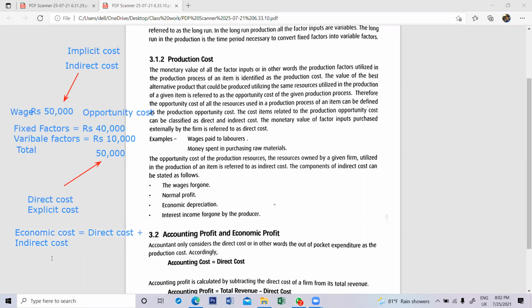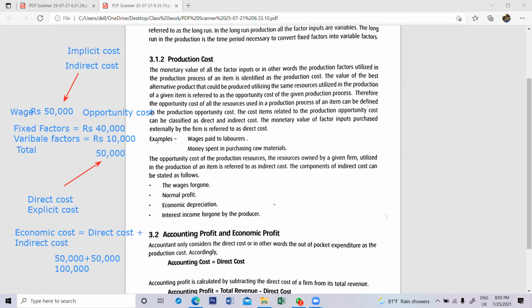So in here, 50,000 direct cost as well as 50,000 indirect cost, total becomes 100,000. This is called economic cost. According to the economist's point of view, the actual cost of the business is 100,000, not the 50,000.